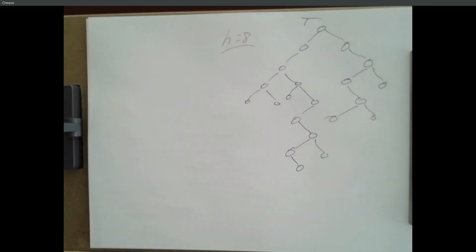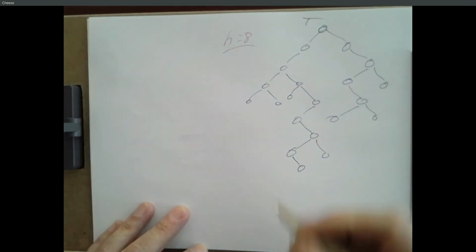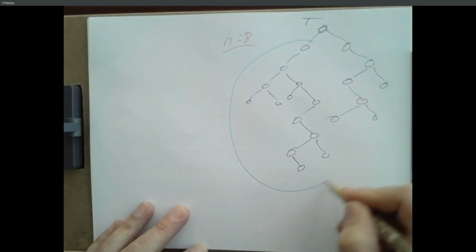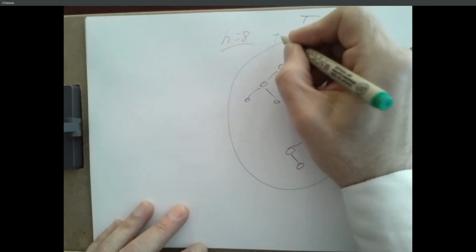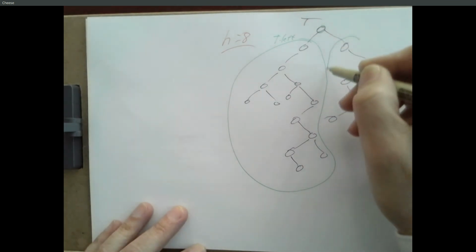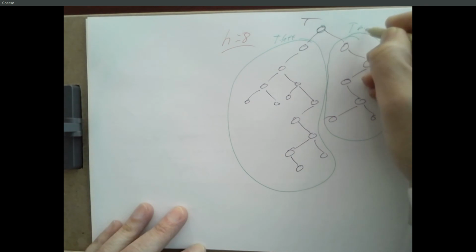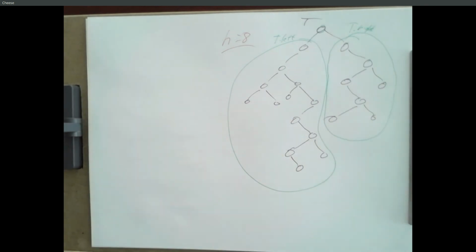I'm going to make an observation as follows. Here's my original tree T. This is comprised of a root and 2 subtrees. There's a tree over here, which I can think of as T dot left, and a tree over here, which I can think of as T dot right. If this was C code, I'd use arrows, but I'm just thinking abstractly here.